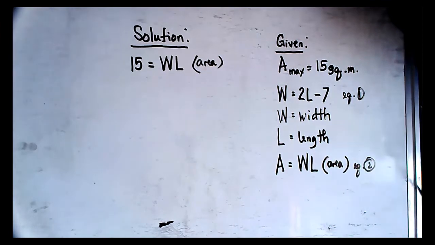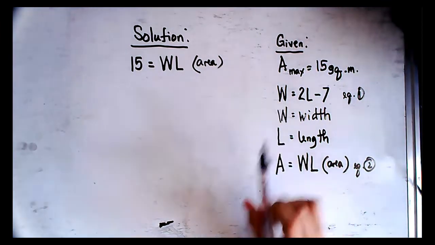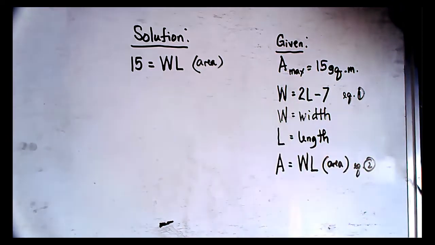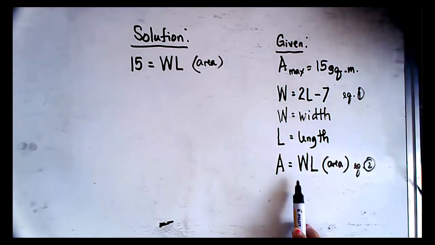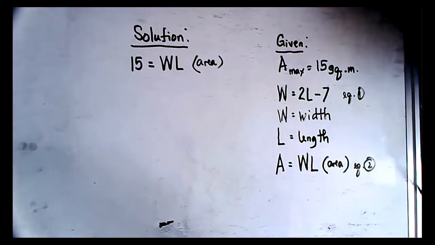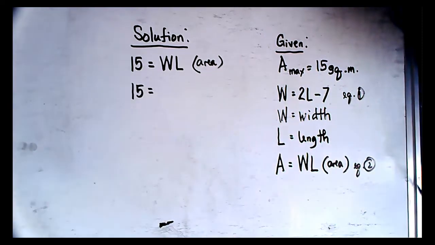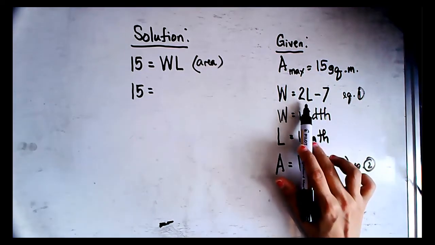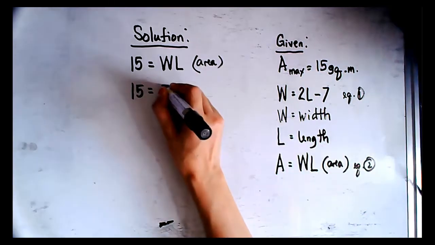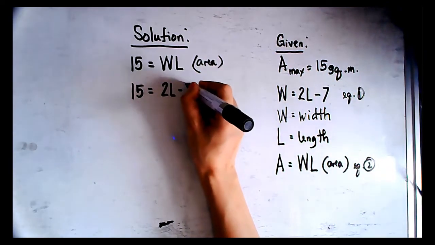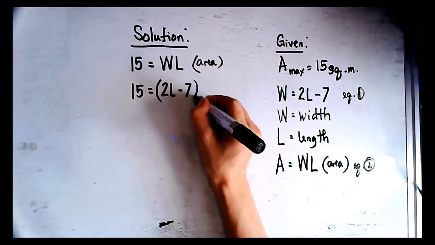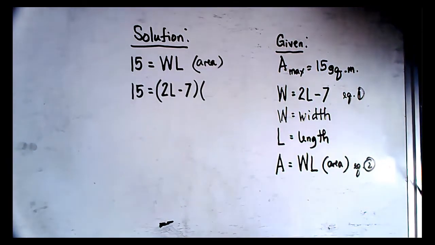If you represent W in terms of length, then you would have the formula for area: 15 is equal to, the width is 2L minus 7, and you multiply it by the length.